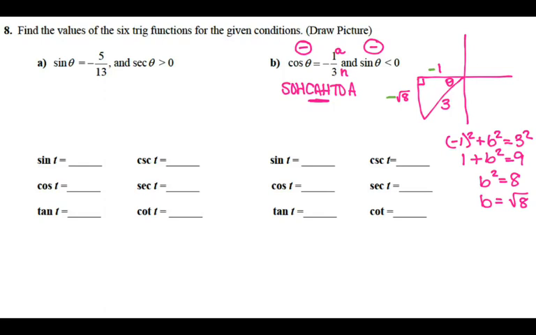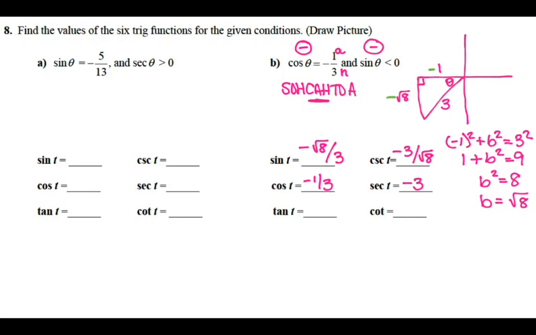And now I'm going to do SOHCAHTOA to fill in the rest. I already had that cosine is negative 1/3, so that means secant is negative 3. That was given to me. It's right here. And then for sine is opposite over hypotenuse, so my opposite side is negative root 3. Just kidding, that's an 8, not a 3. Negative root 8 over 3, which makes cosecant negative 3 over root 8, which technically you should rationalize, but again, don't feel like it.